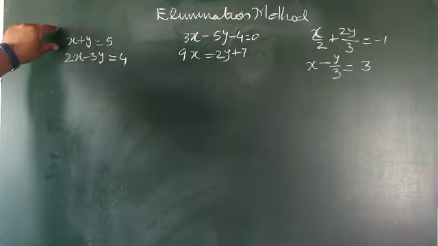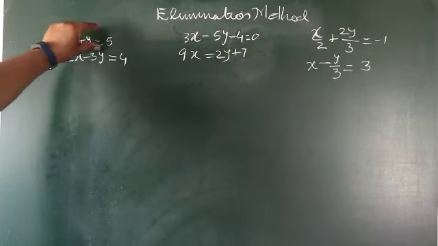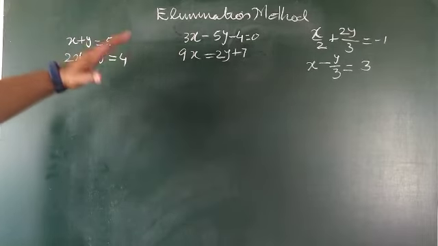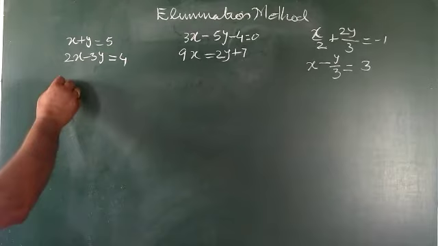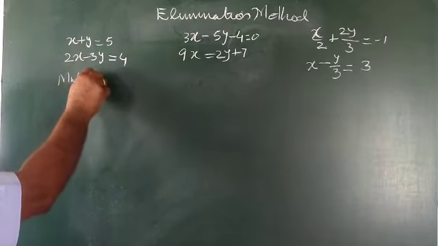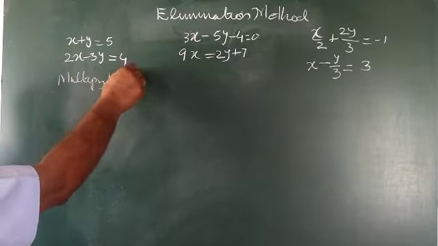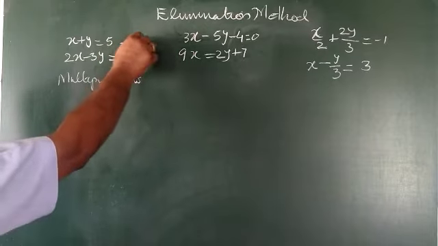So we have to multiply this equation by 3 on the left side and the right side both. So multiply by 3 to equation number 1.